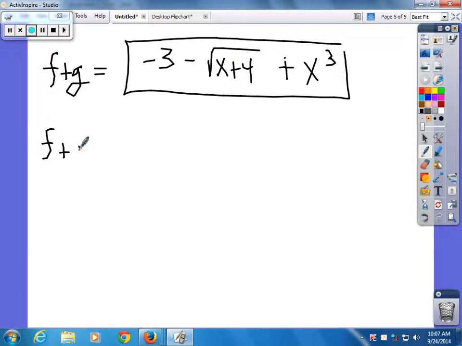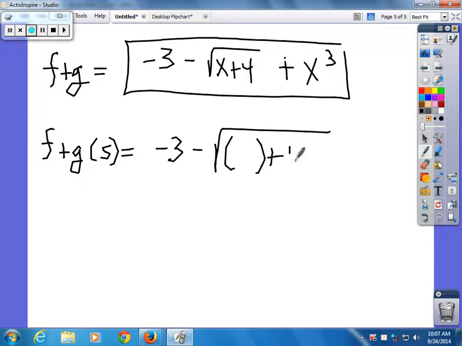F plus g of 5 is equal to -3 minus the square root of parentheses plus 4 plus parentheses cubed.